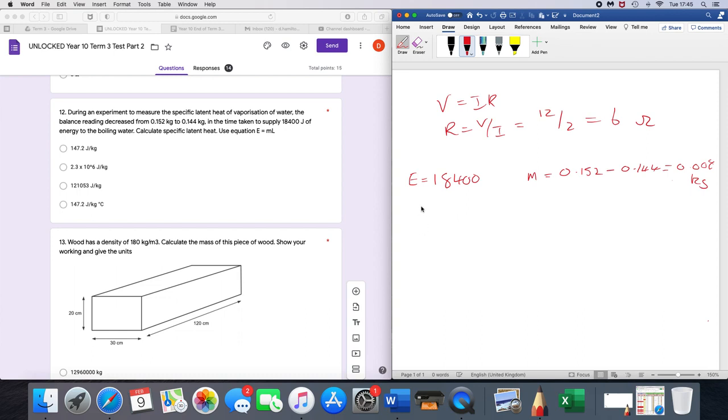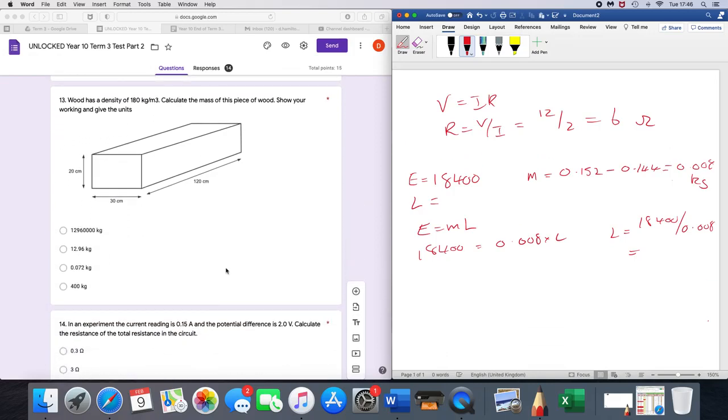And we want to know L. We know that E equals ML, we're told that here, so we've got 18,400 equals 0.008 times L, so L then is 18,400 divided by 0.008, and if you do that, you'll get 2.3 times 10 to the 6, 2.3 million.